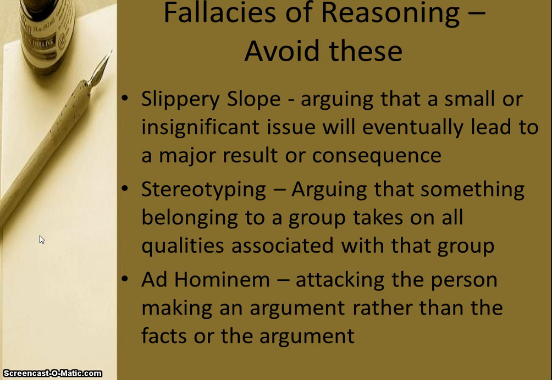We would not be as far along scientifically if someone had looked at Isaac Newton and said, I don't like your hair, you clearly don't know anything about gravity, and just dismissed him. We would have many things wrong with our understanding of the world around us. So don't attack the person making the argument. If we are arguing facts, we are arguing evidence. We are not arguing what you wore to school today.